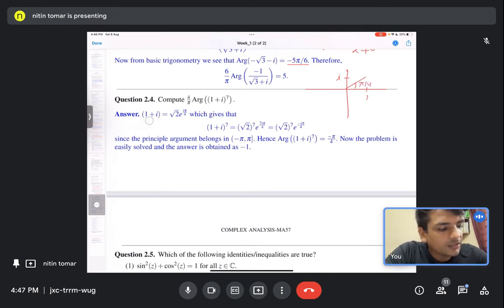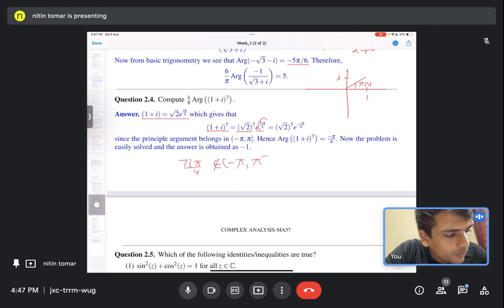So 1 plus iota in polar coordinates can be written as root 2 e power iota pi by 4. Hence (1 plus iota) to the 7 has to be root 2 power 7 e power 7 iota pi by 4. But 7 pi by 4 does not belong to minus pi to pi.